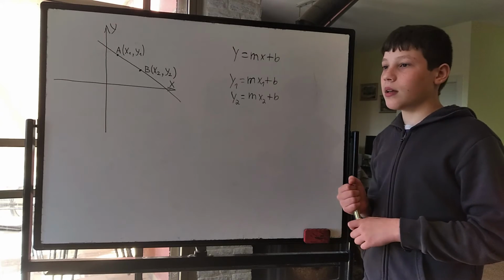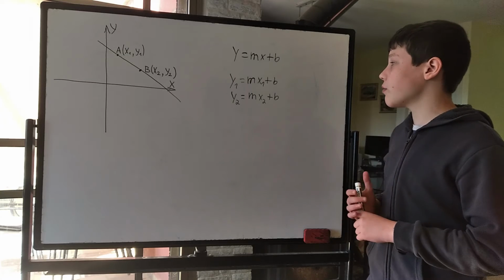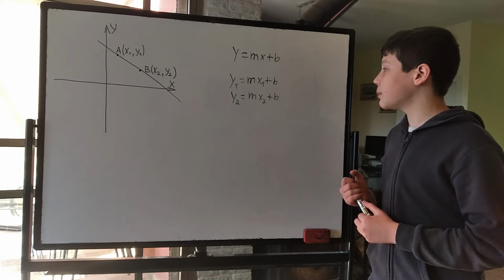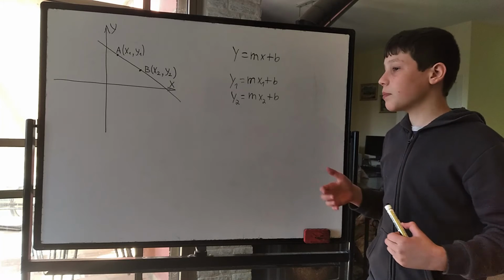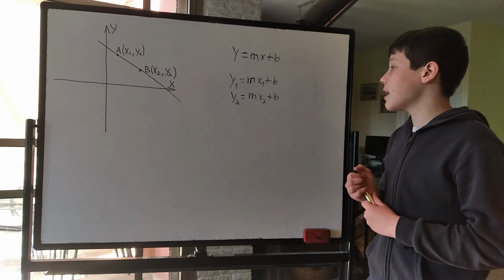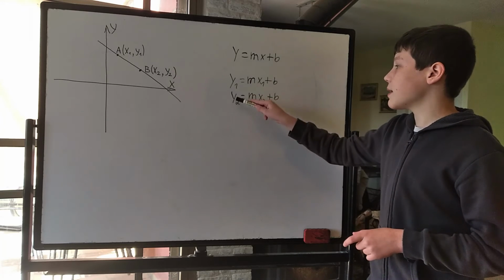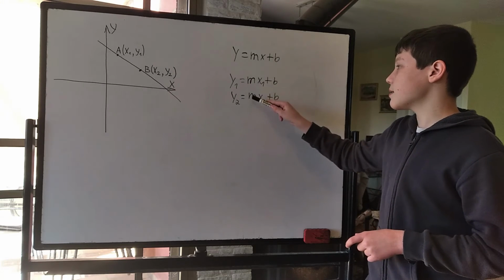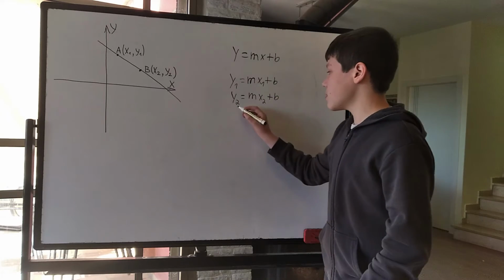So what we're going to do is cancel it out from both equations to be just left with all the parameters we need. And the simple and obvious way to do that here is just to subtract both equations. So this minus this is equal to this minus this. And then we'll get that the b cancels out.